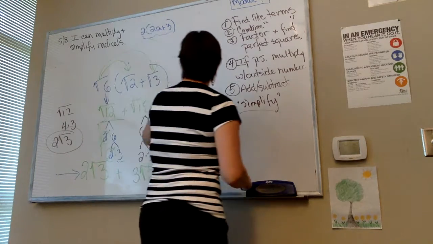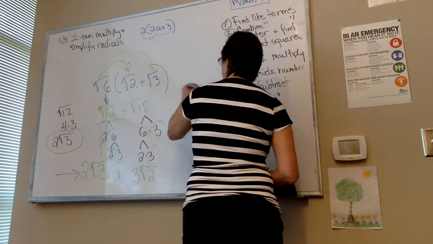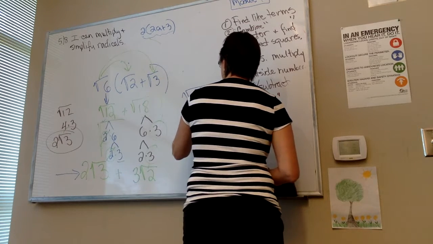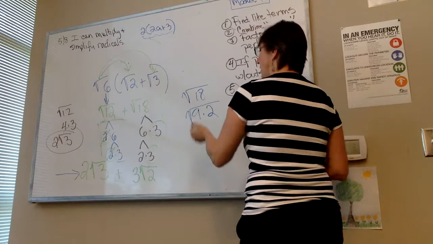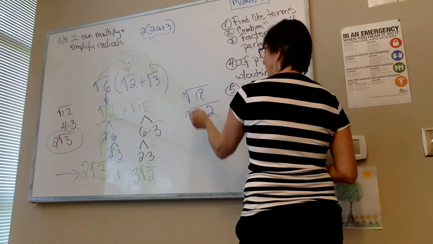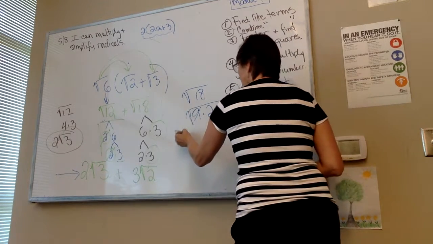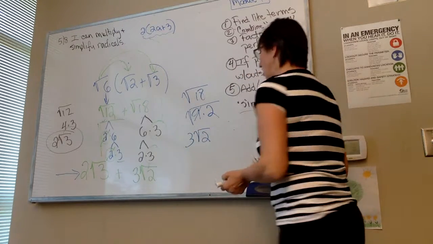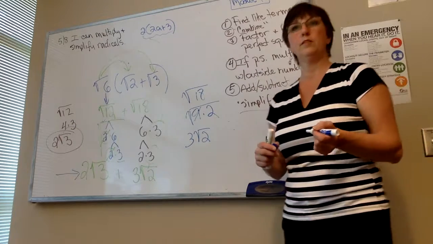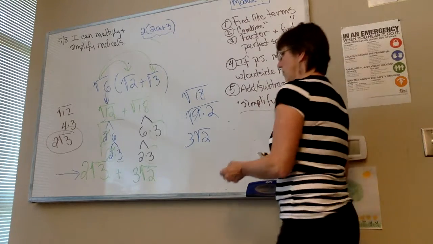So with 18, something that may help is if you can think of a factor that is a perfect square like 9, sometimes that can help you speed along the process. But both methods are okay.